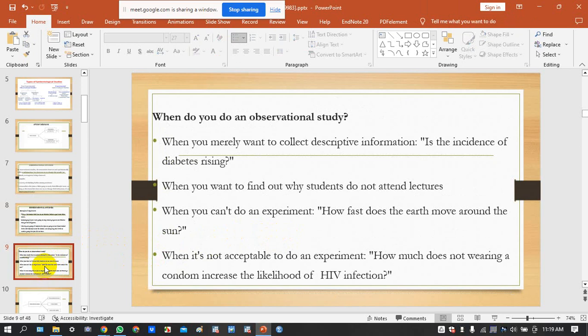So when do you do an observational study? That is when you merely want to collect descriptive information, like the evidence of diabetes rising, so you look at the prevalence. Or when you want to find out why students do not attend lectures. Also when you can't do an experiment, because an experiment is very expensive.